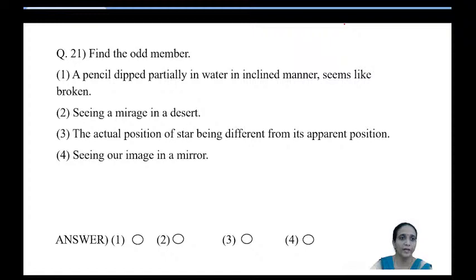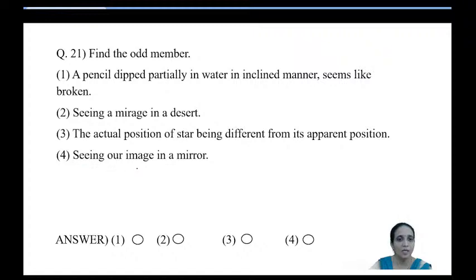Question number 21. Find the odd member. The first member that is given over here is when a pencil dipped partially in the water in inclined manner seems like broken. Seeing a mirage in a desert, the actual position of star being different from its apparent position.